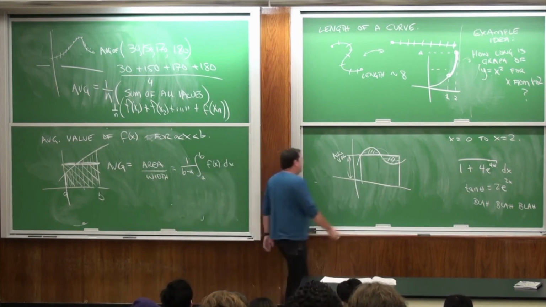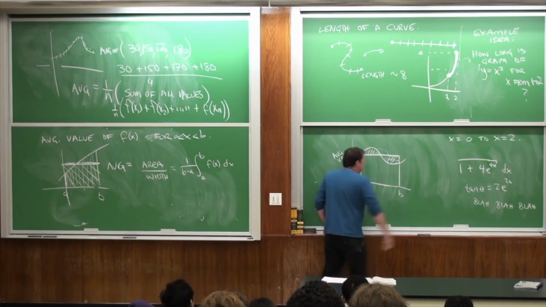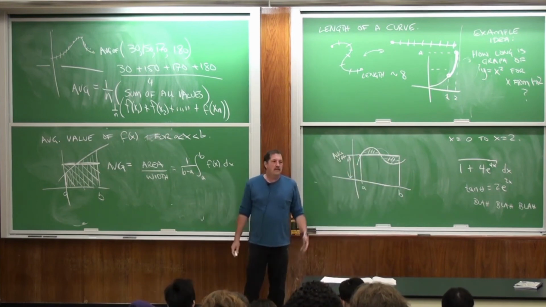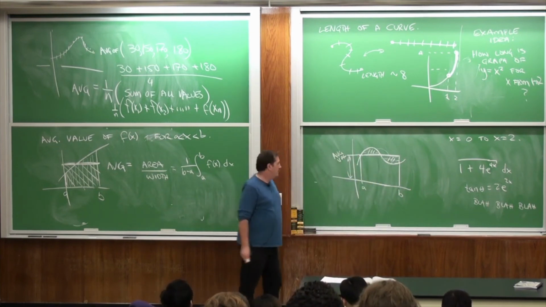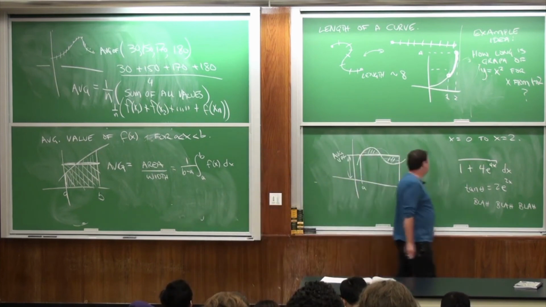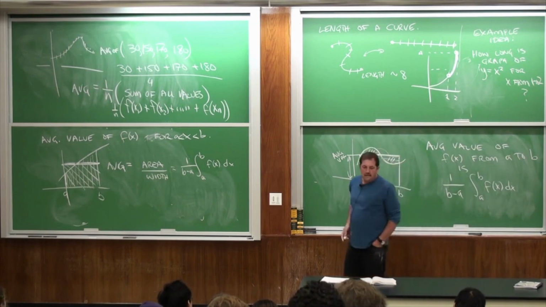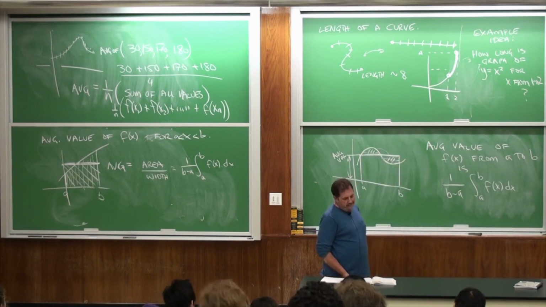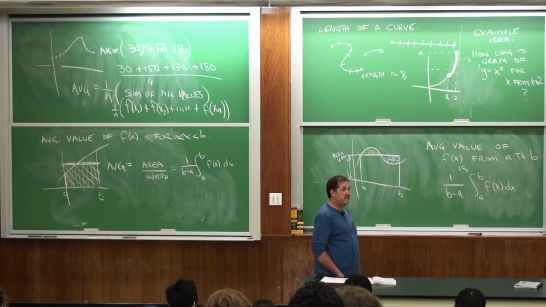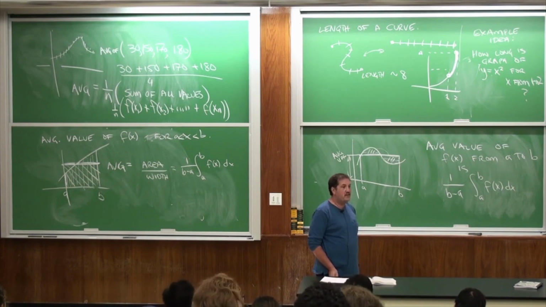The rectangle of the height, the same width, is the average value. So that means it's exactly this idea. Now, do you need to see an example of this? I mean, it just seems so obvious that it's hardly worth mentioning.